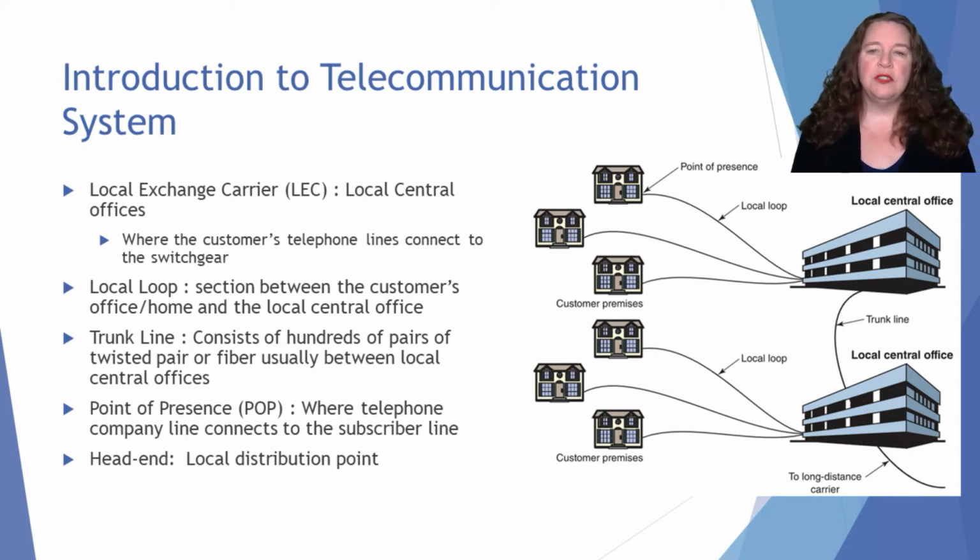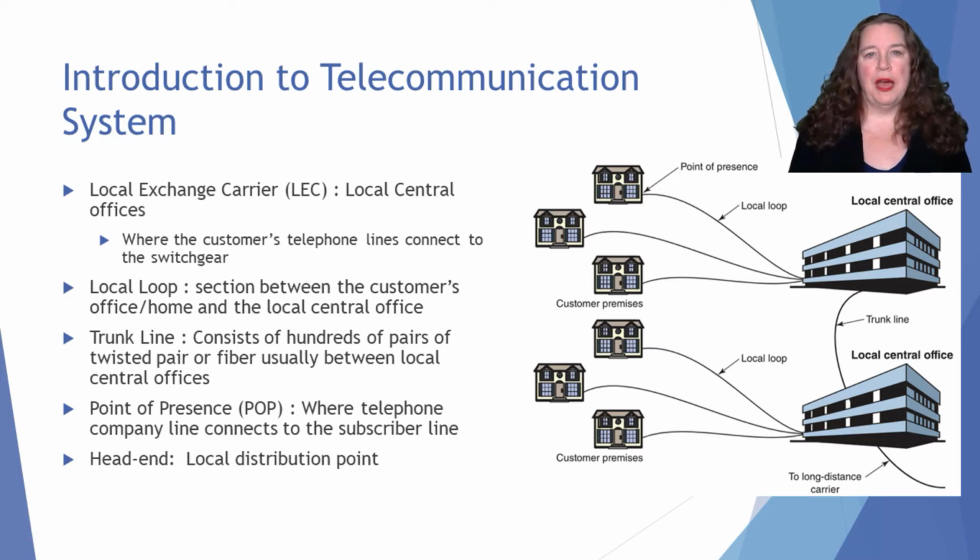In between individual local central offices, we created a trunk line, which is a series of hundreds of pairs of twisted pair or fiber that goes between central offices. It's kind of the freeway between two central offices, where each central office goes out to its customers' premises through a local loop.